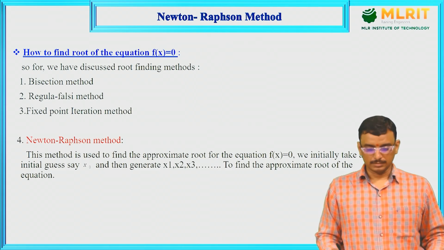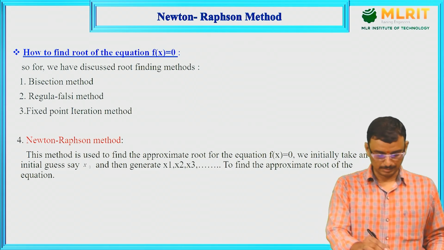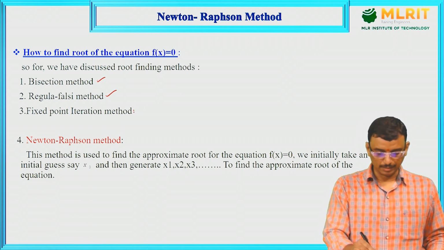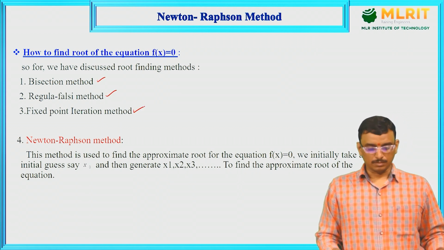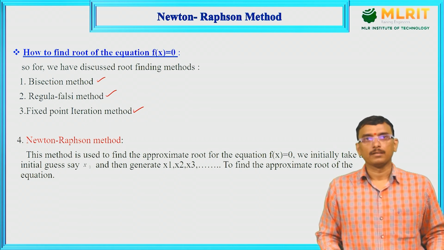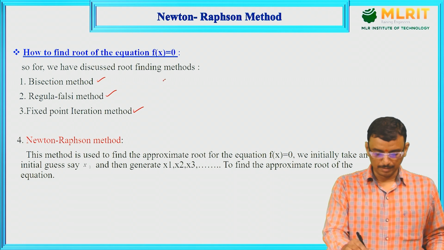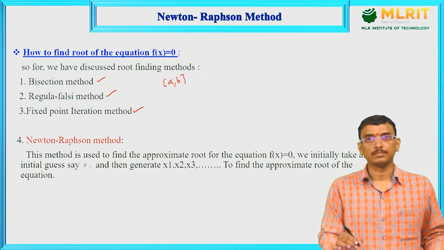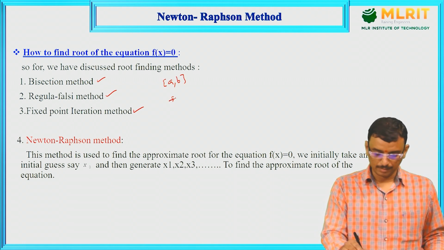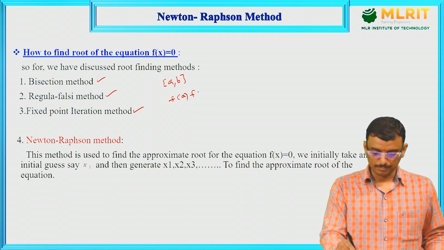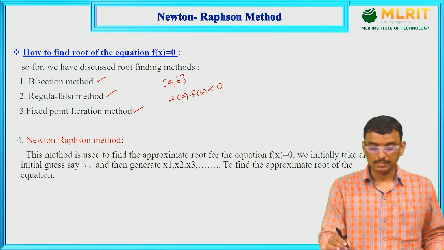So in the last session we discussed the bisection method, the regula falsi method, and the fixed point iteration method. All these methods are based on the intermediate value theorem, that is, to find an interval [a, b] such that the functional values at the endpoints, f(a) times f(b), must be less than 0.